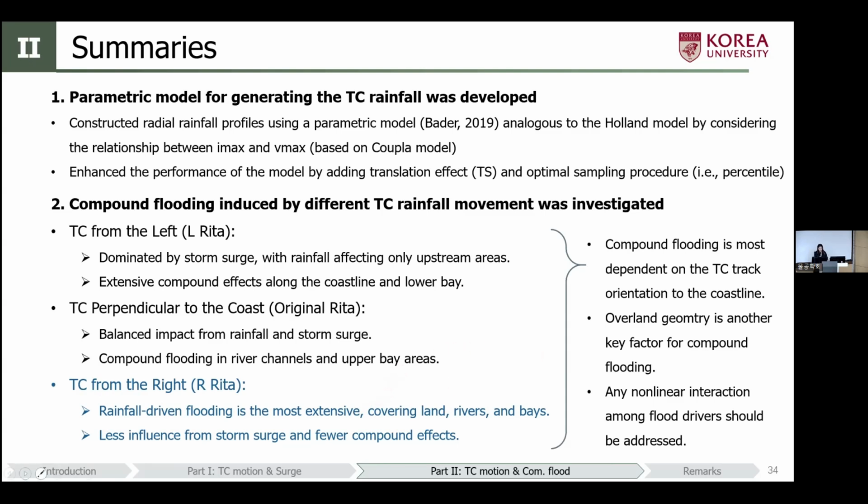So this will give us some suggestions for future preparedness for this area under storm surge or typhoon events.